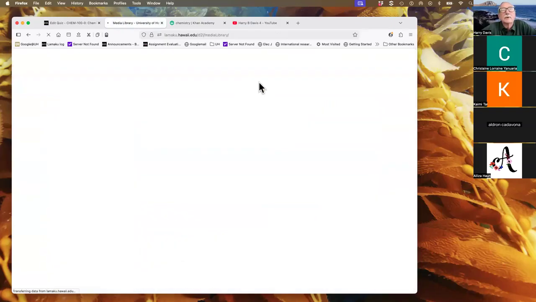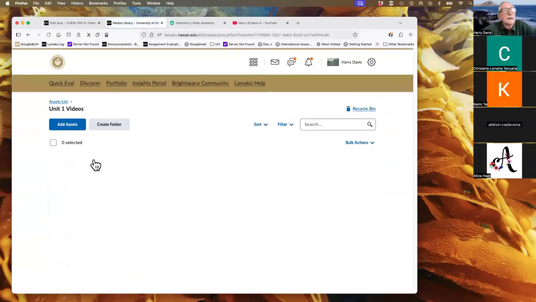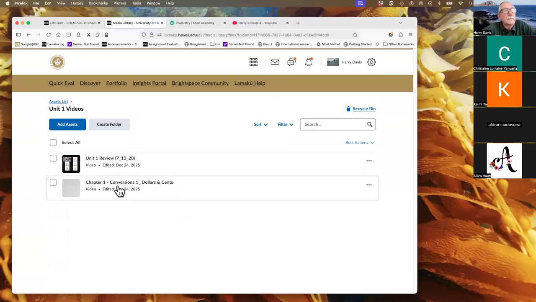Let's see if the media library, those things I put in there. Yeah, I was able to get some in there. I think when I transferred it out of YouTube, it took out the ads in there, but I'm not sure. I have to go check again.